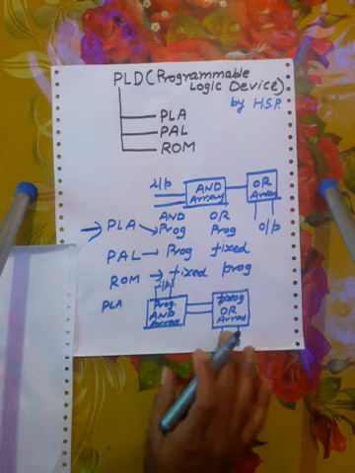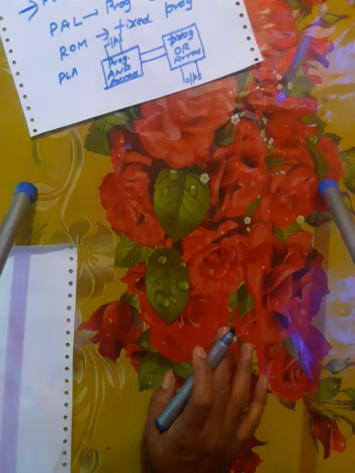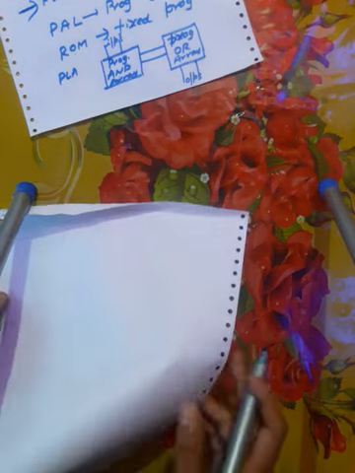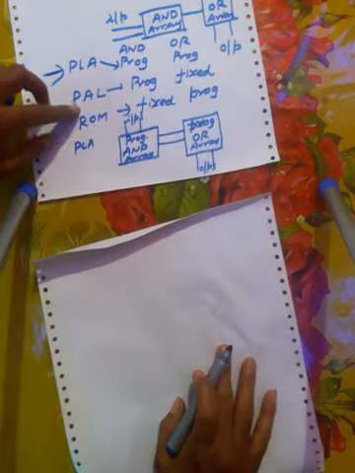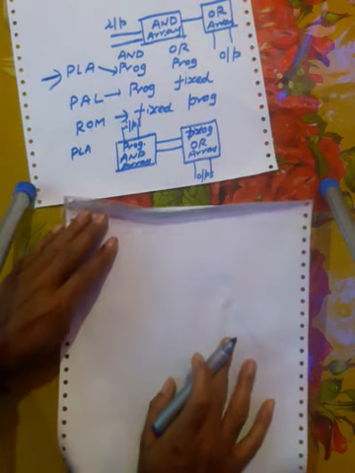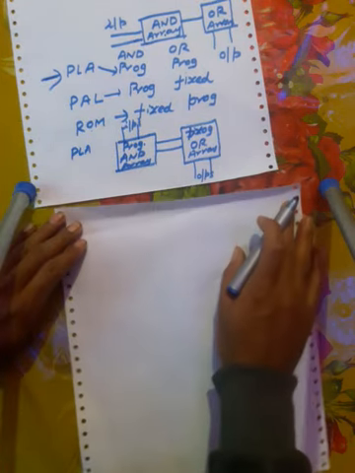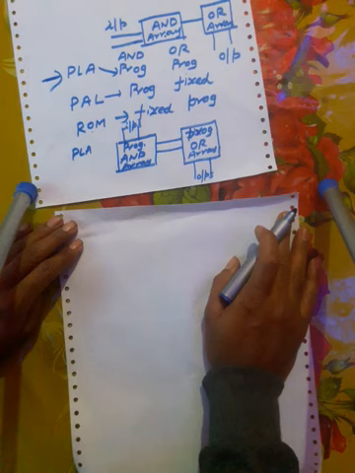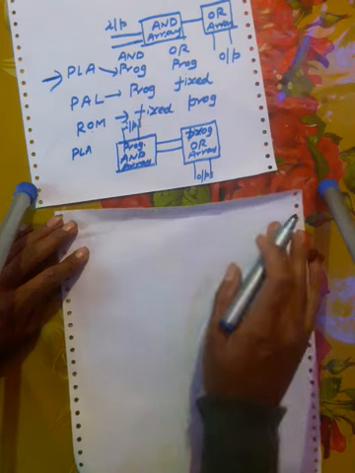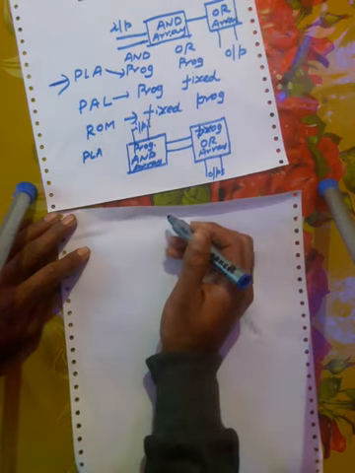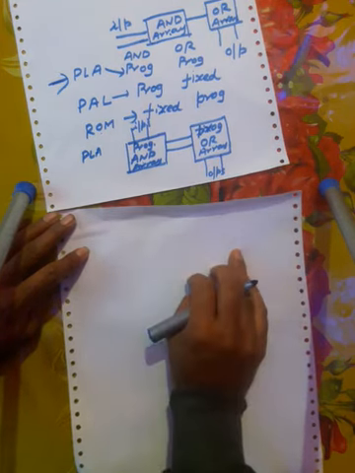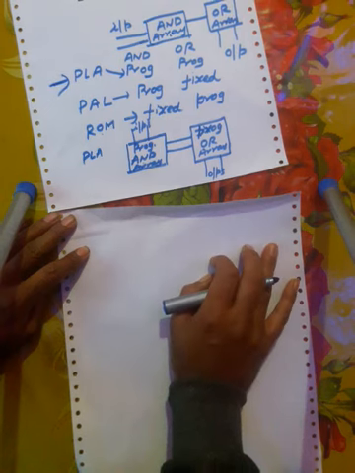Now we will implement any Boolean function by using PLA, PAL and ROM. The very first step: you are given a Boolean expression, either in SOP form or in POS form. First of all, you will minimize.